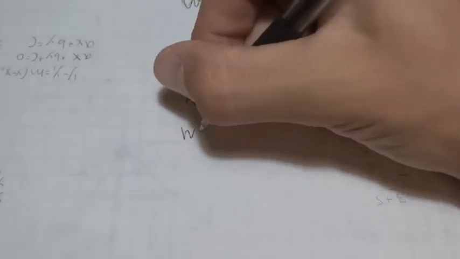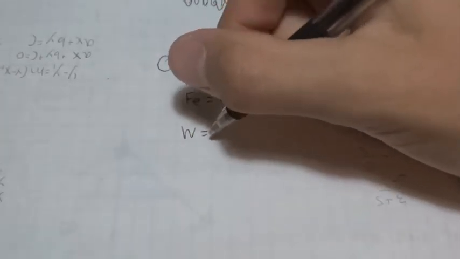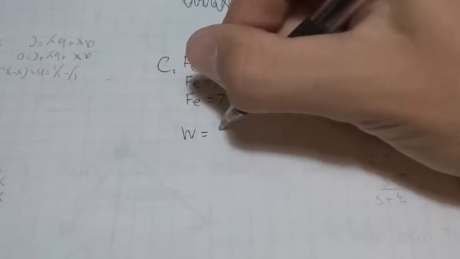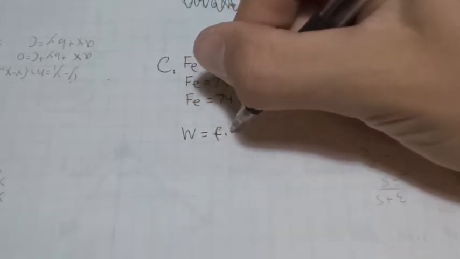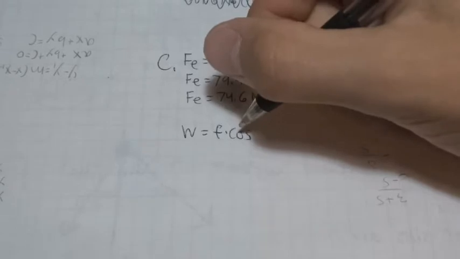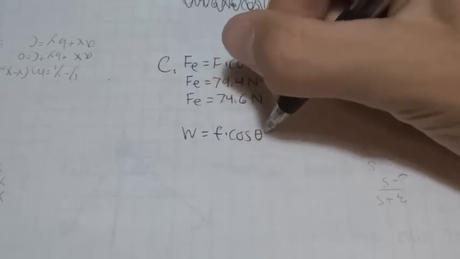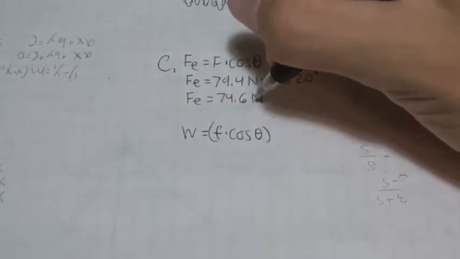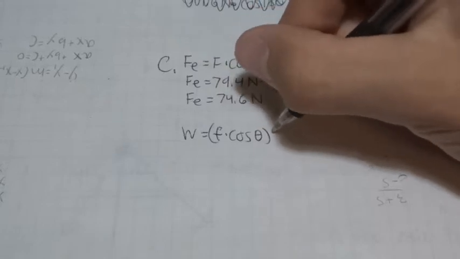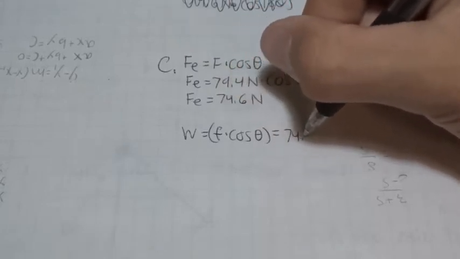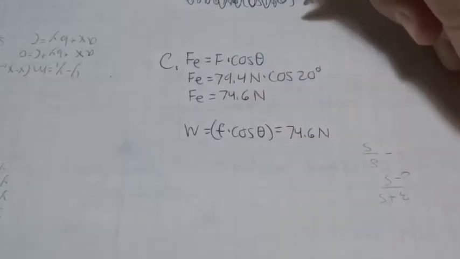Now that's just the force of the energy, but we need the work. So work equals F times the cosine of theta, which we just did up here. So we know that that's going to equal 74.6 newtons.